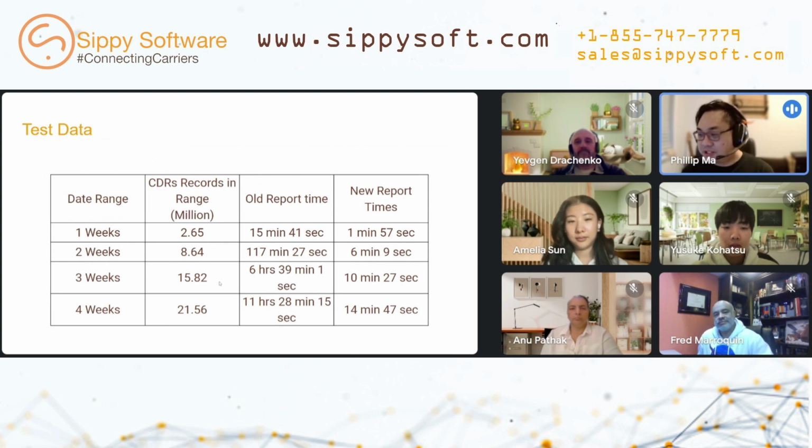And in versions before we made this change, that search could take up to 11.5 hours for pulling an entire month's worth of report data. Under the new system and the new optimizations we've applied, that now takes about 14 minutes. So this is quite a substantial change in how quickly you can retrieve and access the data that you need to operate your business.